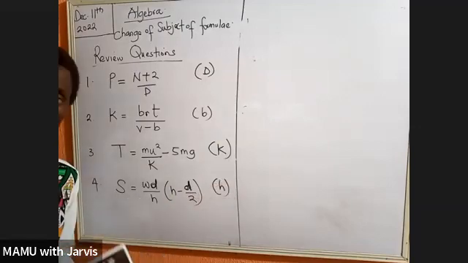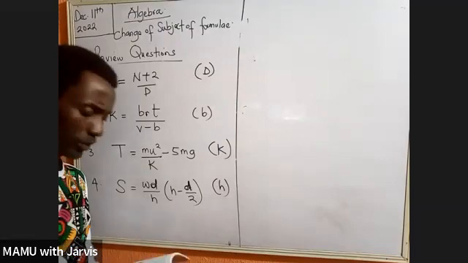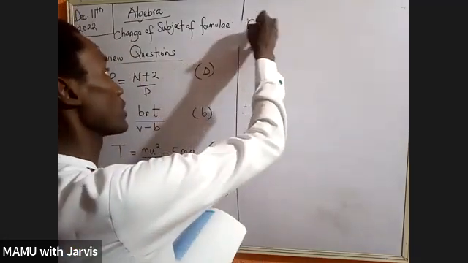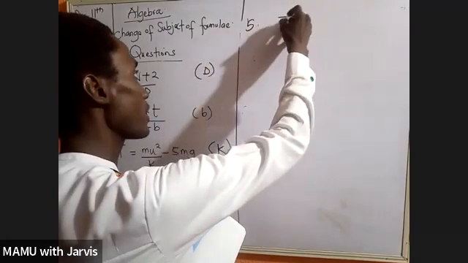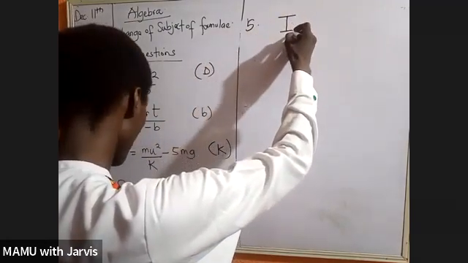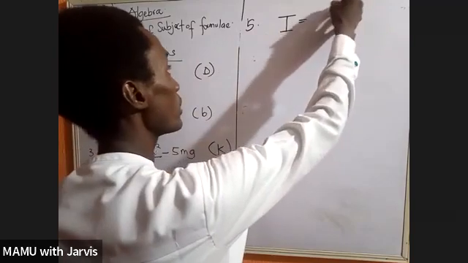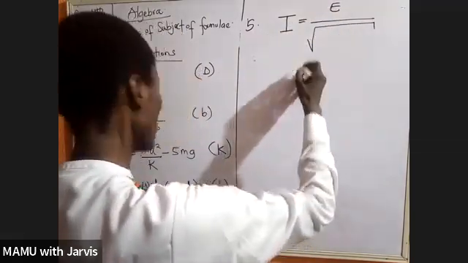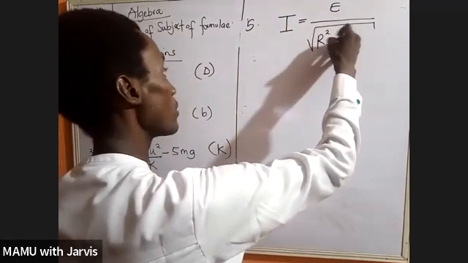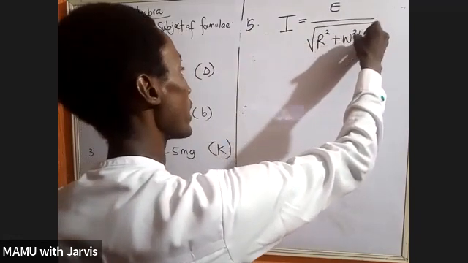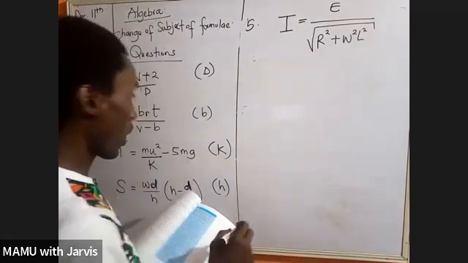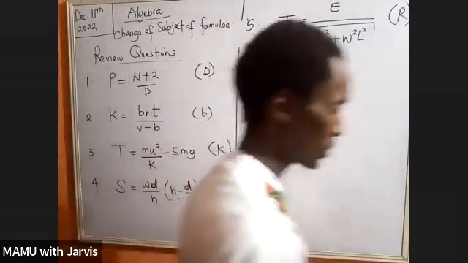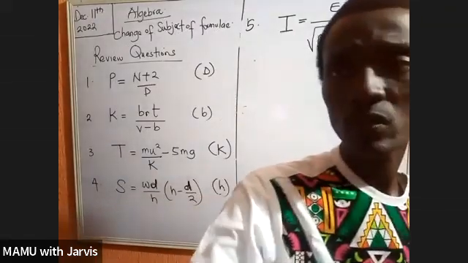And then the last question, these ones are of a little bit higher level work. The last question is I equal to E all over the square root of R squared plus W squared L squared. And we're required to make R the subject of the formula.